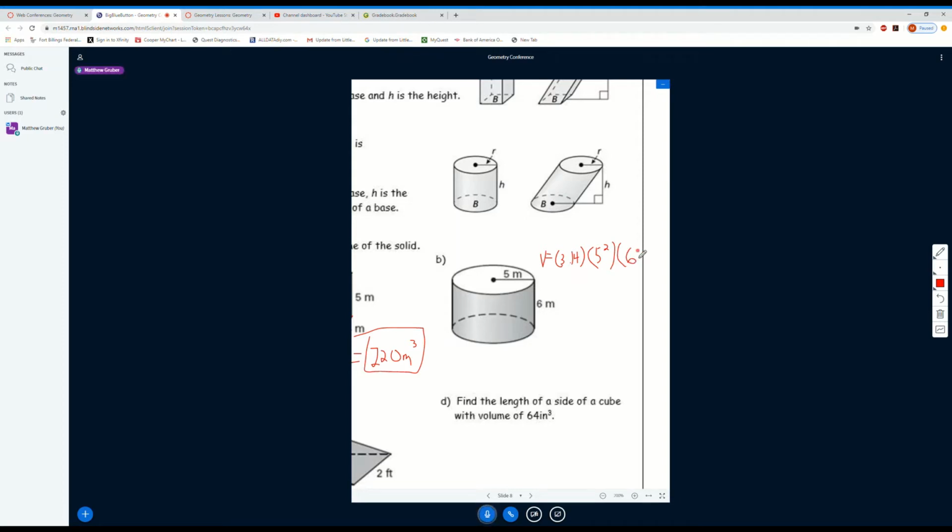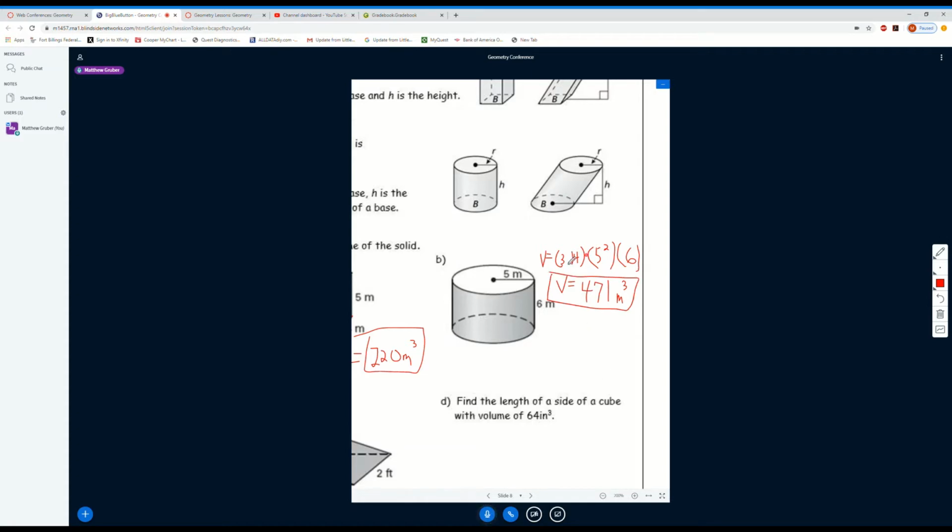The height of that cylinder is 6. So we just type it in our calculator, and again, remember, make sure you square that first and get 25, so 3.14 times 25 times 6, that will give you 471 meters cubed. Again, remember, volume is cubed units.